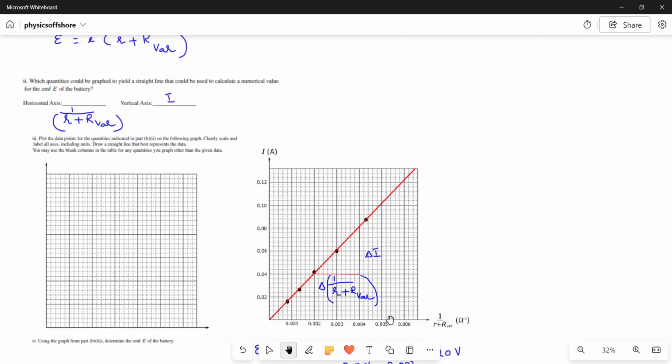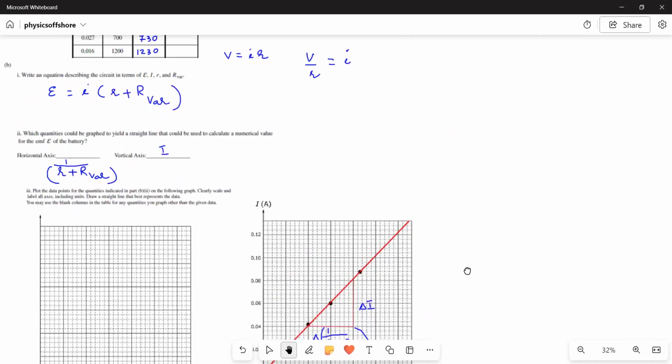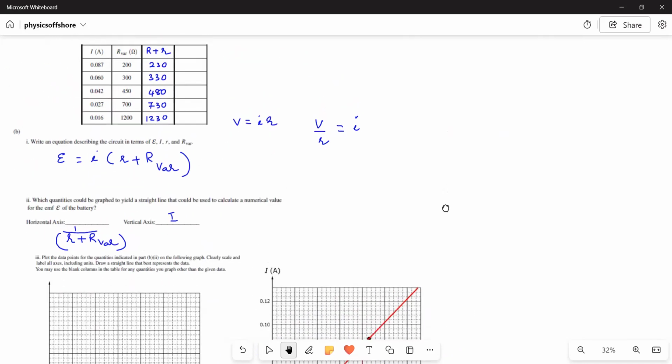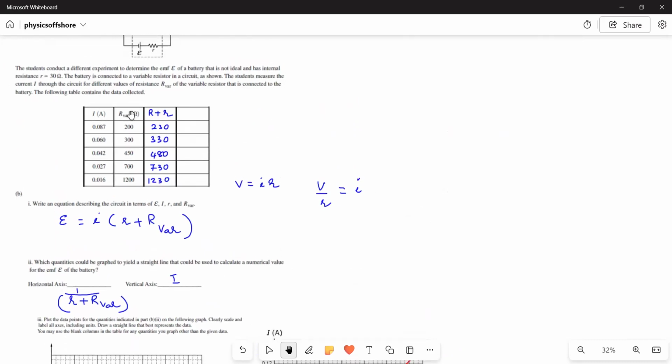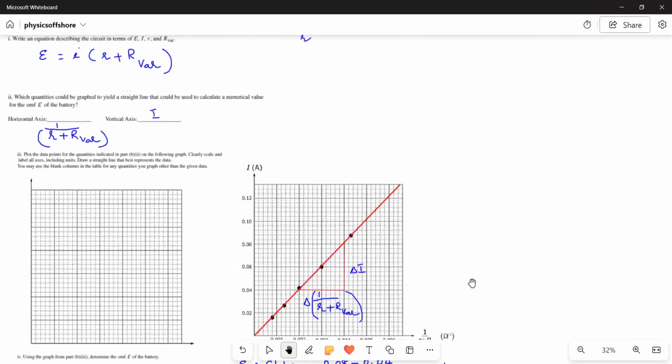The slope of the I versus 1 by effective resistance graph gives the EMF of the battery. Here the internal resistance is 30 and the variable resistance is given to us. You calculate 1 by (R plus r) and then check my graph.